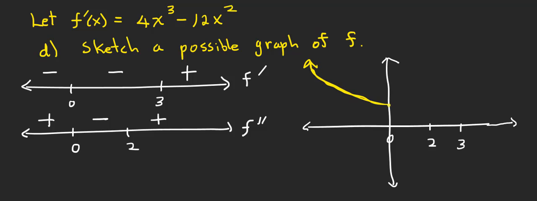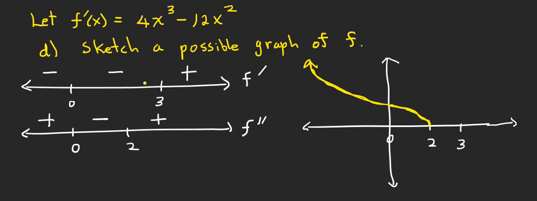Again, we don't know which y value it is going to hit because they didn't give us enough information. What's happening from 0 to 2? Decreasing and concave down. Again, we don't know whether it's going to hit the y value of 0. We don't know that. It's just a sketch.